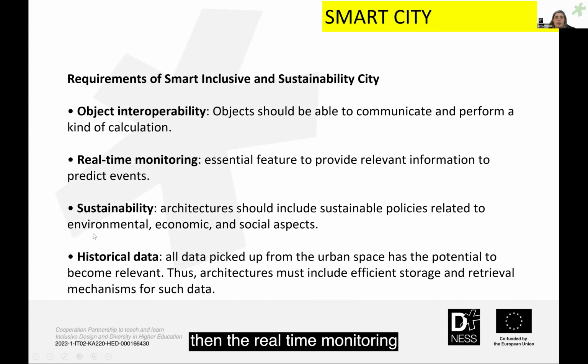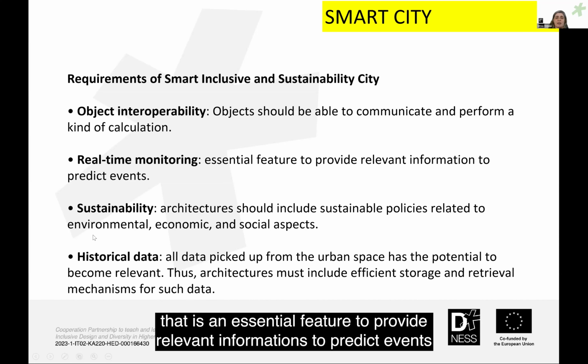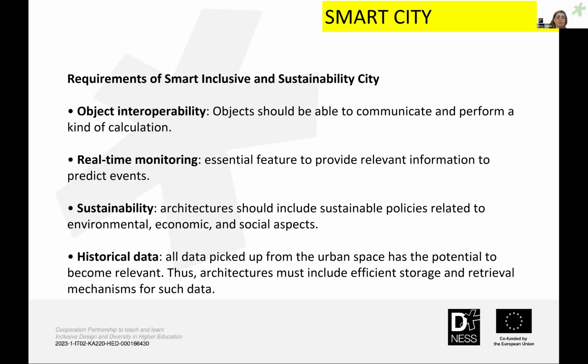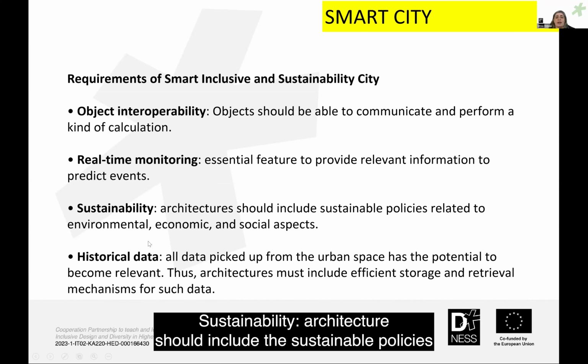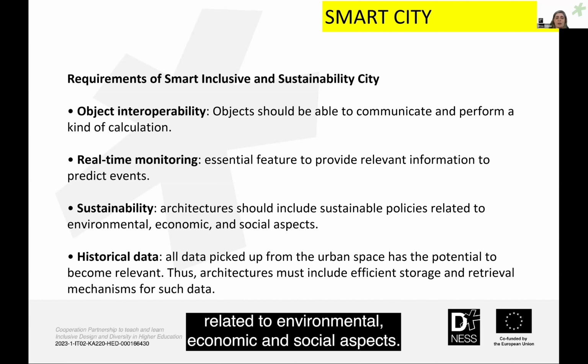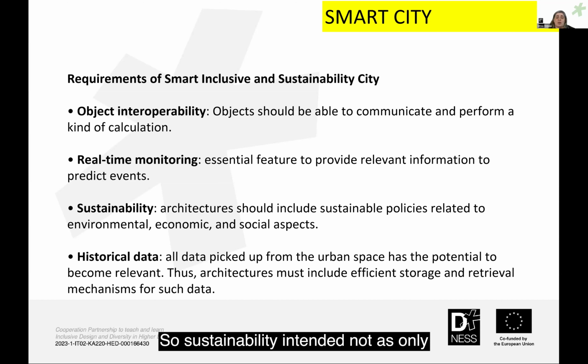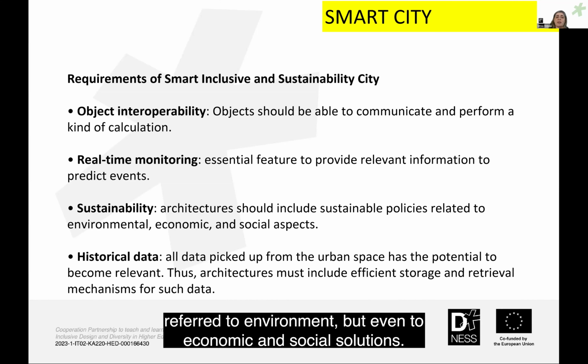Then the real-time monitoring, that is an essential feature to provide relevant information to predict events and to avoid a lot of problems. Sustainability. Architectures should include sustainable policies related to environmental, economic, and social aspects. So sustainability is intended not only as referring to the environment, but even to economic and social solutions.